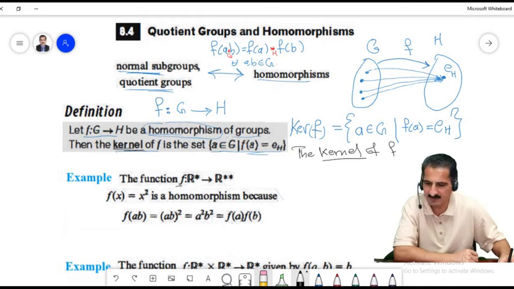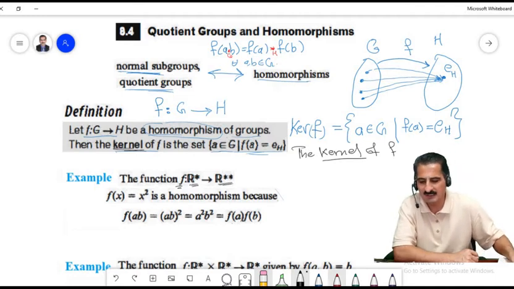So let's take the homomorphism f that starts from R*, the group of all non-zero real numbers, where the operation is multiplication. And f goes to R**, the set of all positive real numbers, where the operation is multiplication. This map is defined by f of x equals x squared.